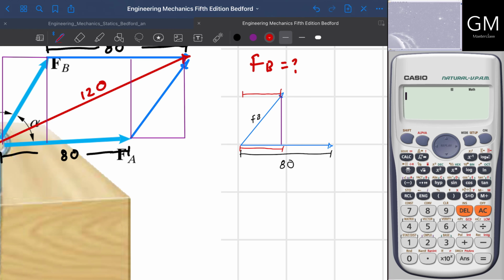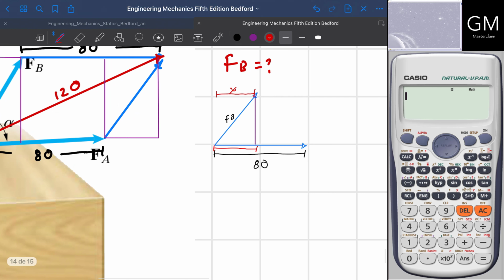I'm going to call that measure X, and I'm going to need this other measure. I'm going to call this magnitude F, although I already know this angle, which is 65 degrees, so I may not need the two of them.